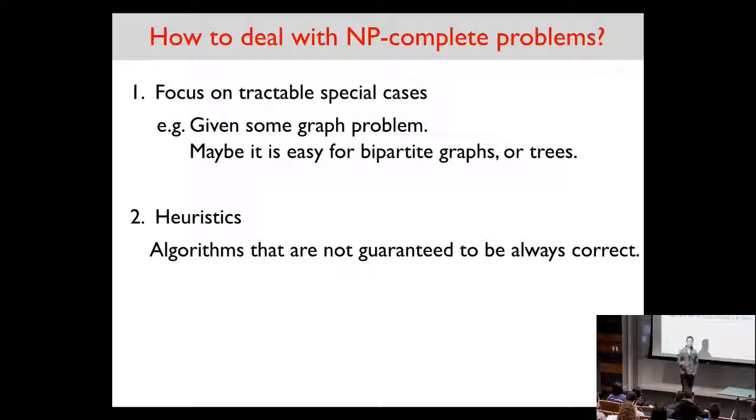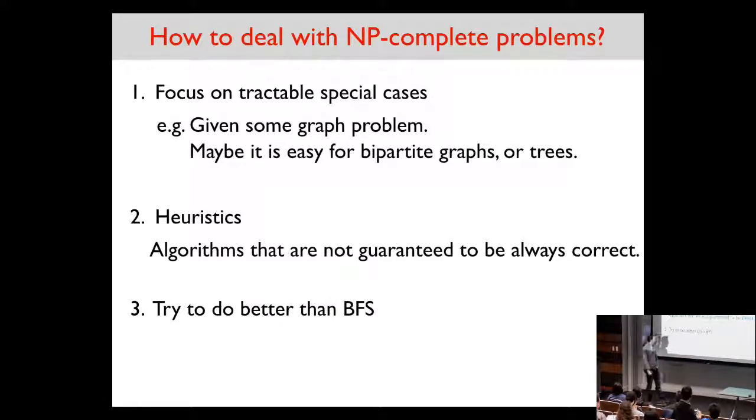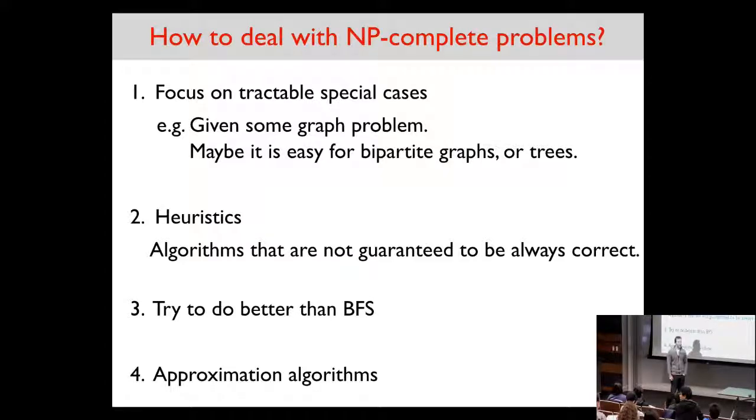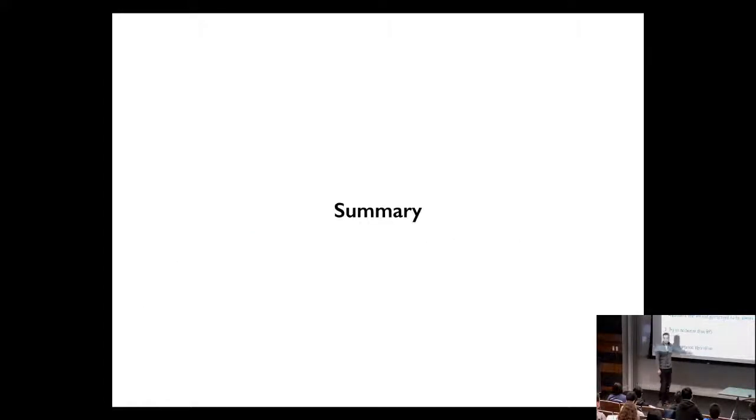These are algorithms that are not guaranteed to be correct on every instance. And in practice, heuristic algorithms are used a lot. You can try to do better than brute force search, maybe try to get something better than n factorial or 2 to the n. And you can try approximation algorithms. Not get the exact solution, but an approximate solution to your answer. And this will be discussed basically next week.